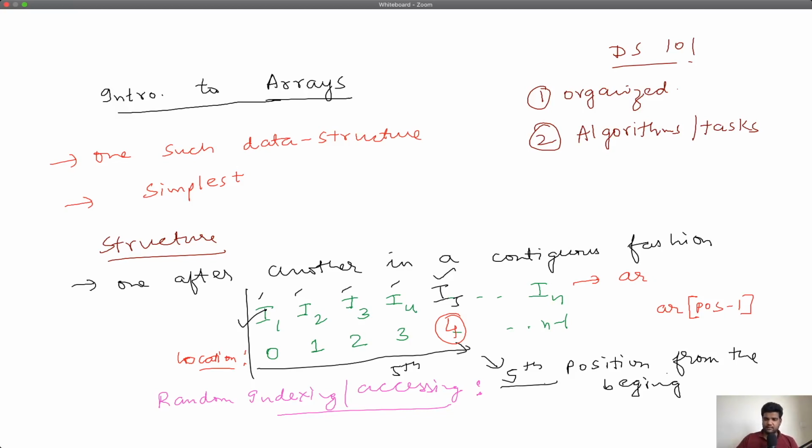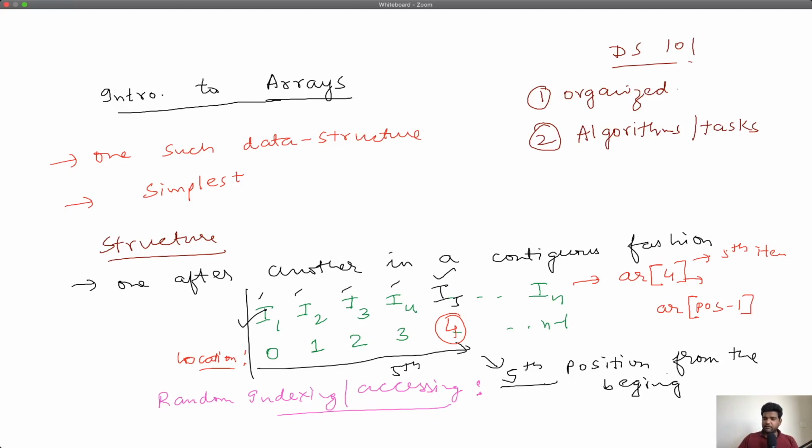It's just a convention. So you will simply use array square brackets 4 to access the fifth item, and this is just constant, in one go. This is not taking any time, so it's very fast. That's the USP of arrays. Okay, so that's basically about array structure.